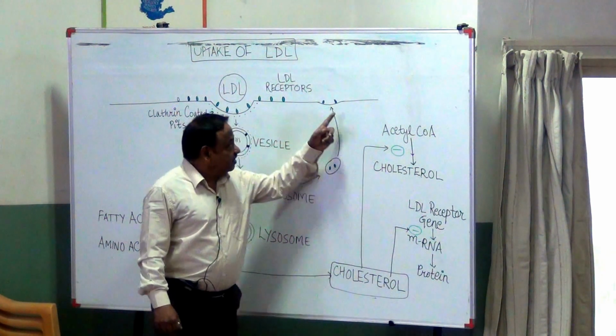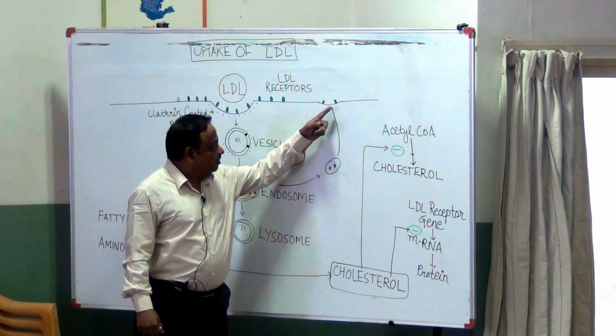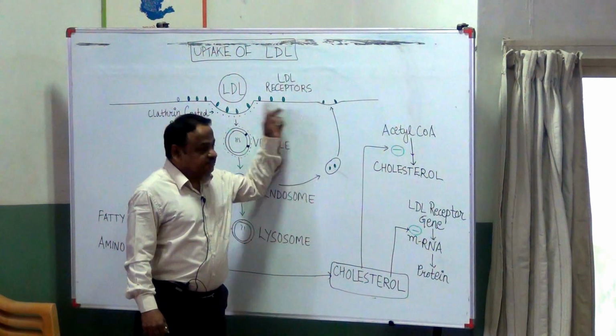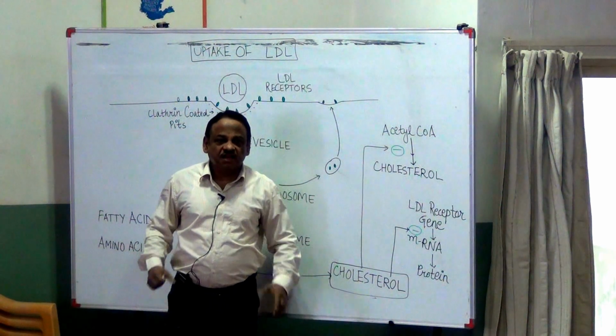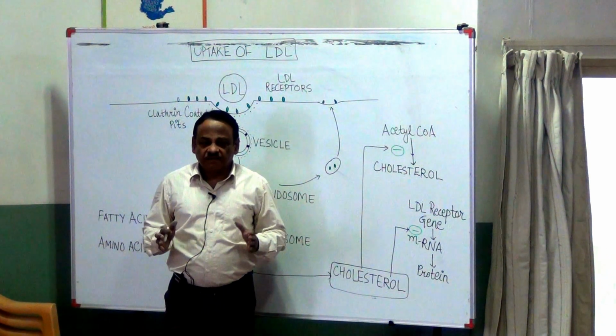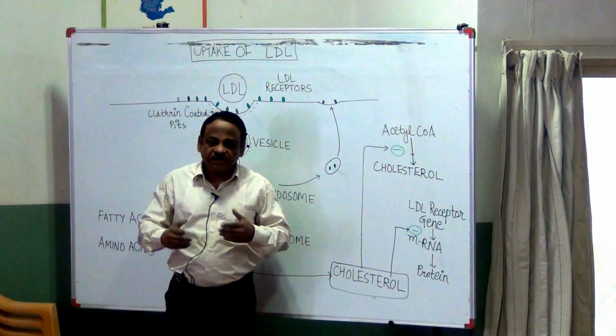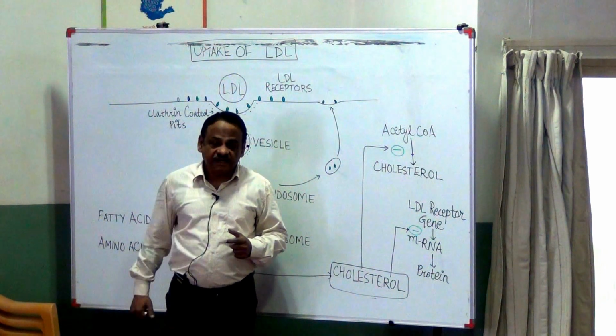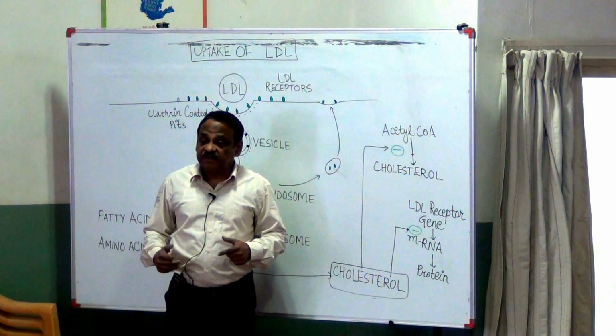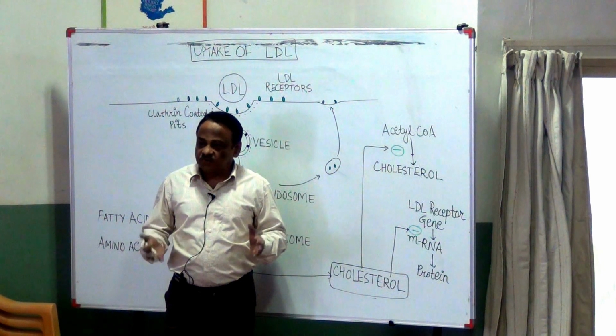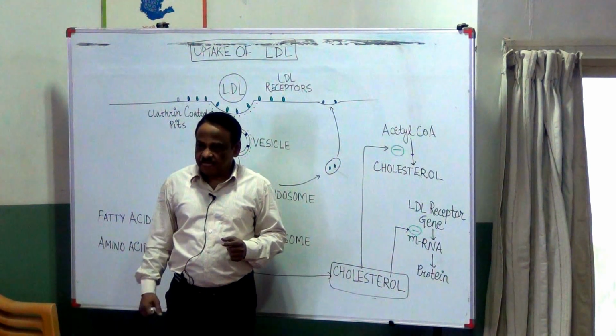Again, you can reduce the number of receptors. Suppose a cell has 1000 receptors. It can be down regulated to maybe 500 or 200 or 100.